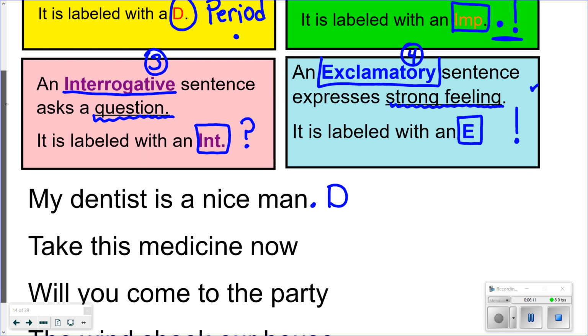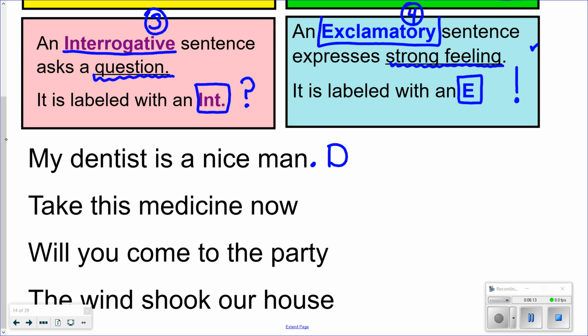So we use IMP. And then we're going to decide for ourselves, does this imperative sentence need a period or an exclamation point? Well, it depends on if somebody's saying it very calmly, take this medicine now, or if they're being very strong about it, take this medicine now. If they are, we would use an exclamation point. The punctuation at the end will tell our readers how we mean for it to be read.